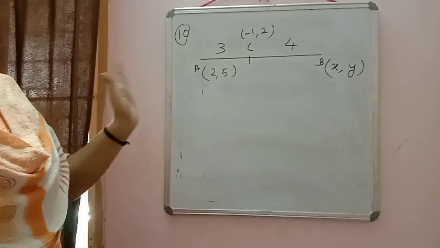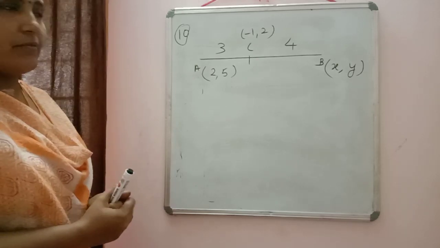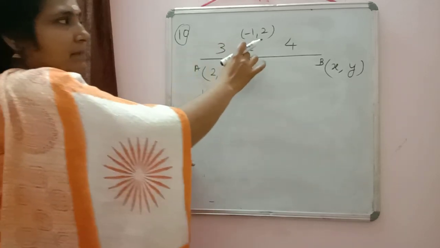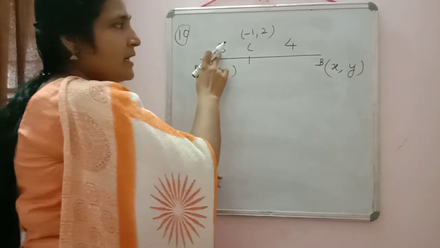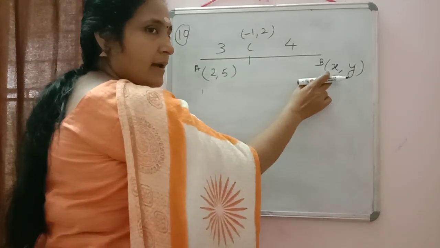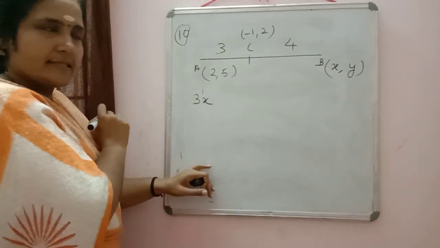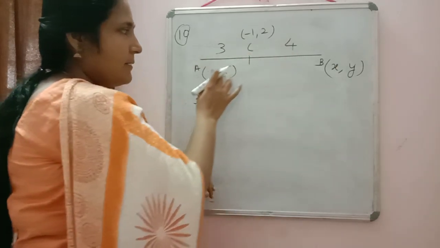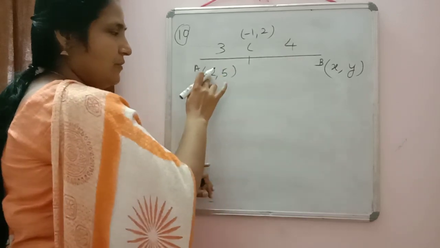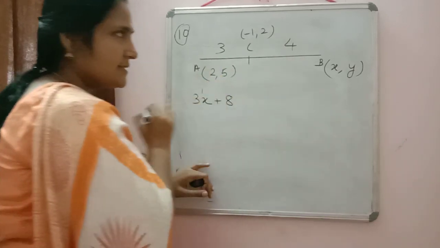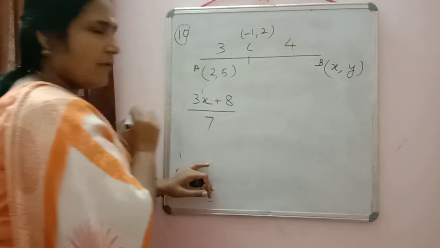So again, we'll use the concept of section formula only. According to section formula, first we will check what will be the x coordinate of C. How are we calculating the x coordinate? 3 will be multiplied by x, so it will be equal to 3 into x plus 4 will be multiplied by 2. 4 into 2, that will be plus 8, by 3 plus 4, 7.